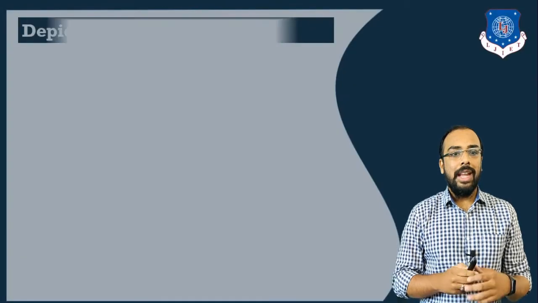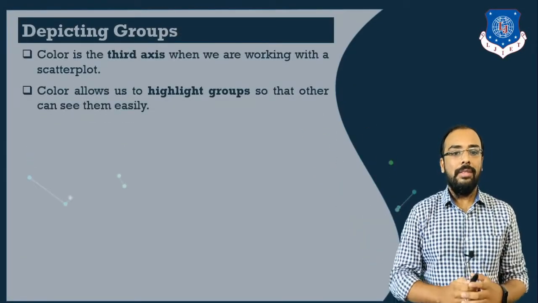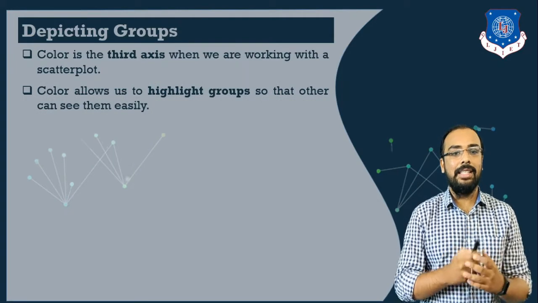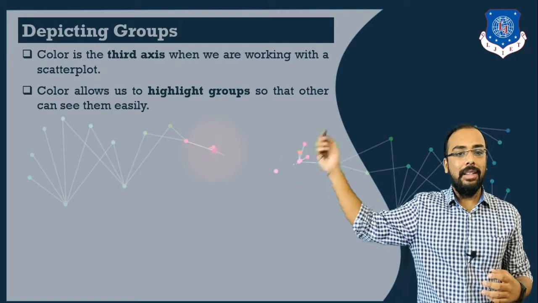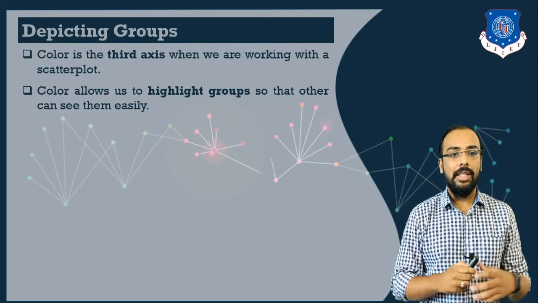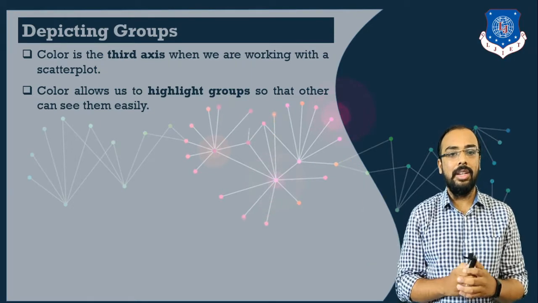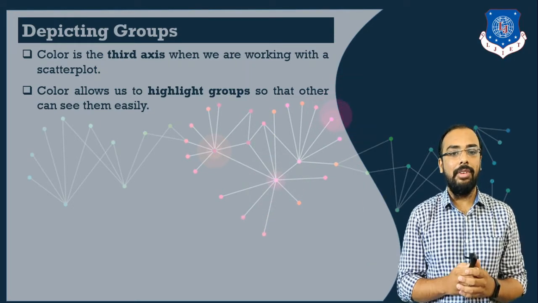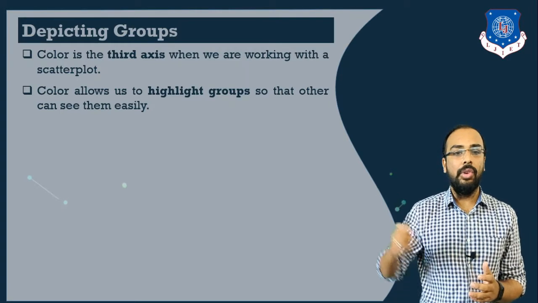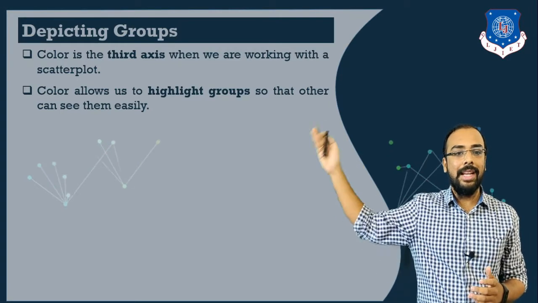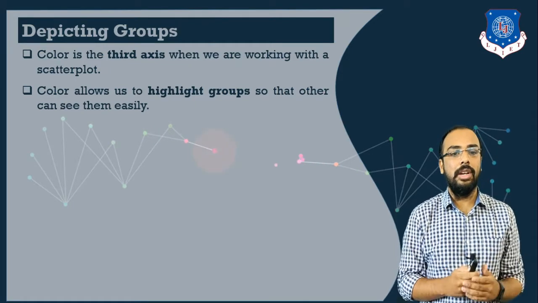Next we will see depicting groups. Usually there are different axes inside our scatter plots. We can add another axis inside our scatter plot, which is named color. This color is a third axis whenever we are working with a scatter plot. Whenever we want to depict groups, we use the axis named color. Why do we use color?